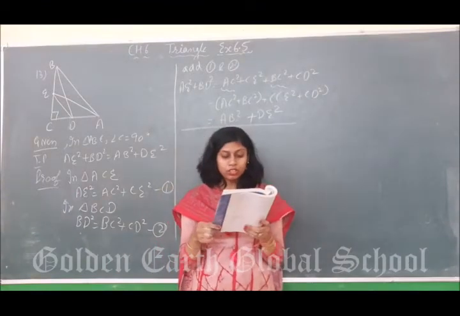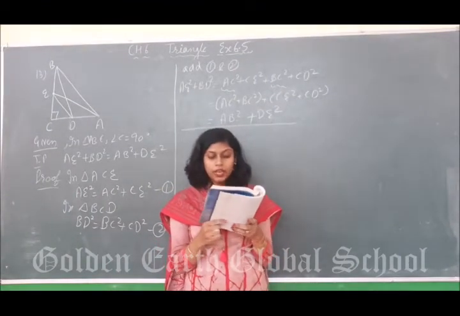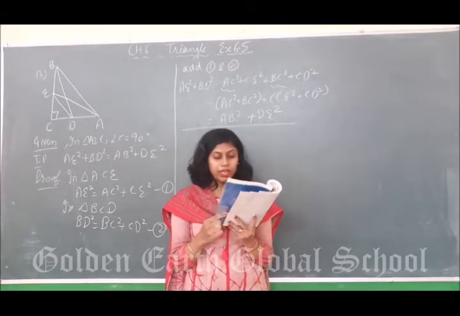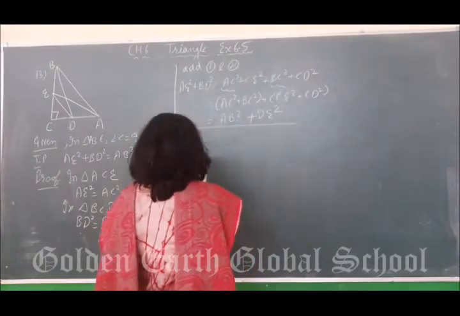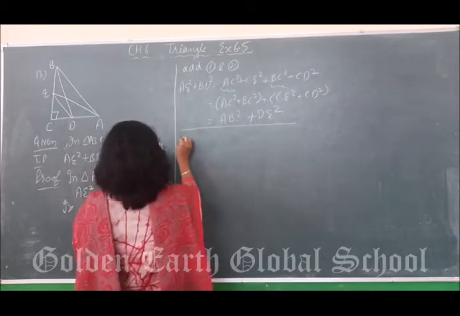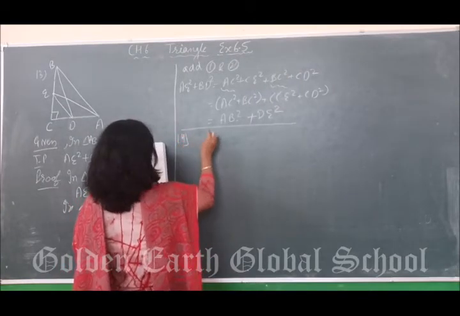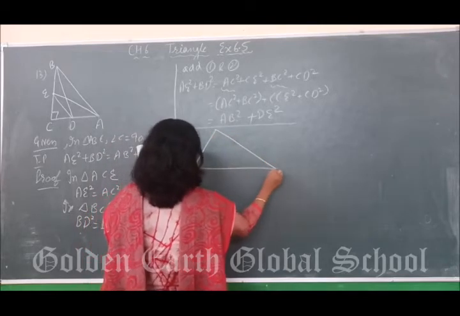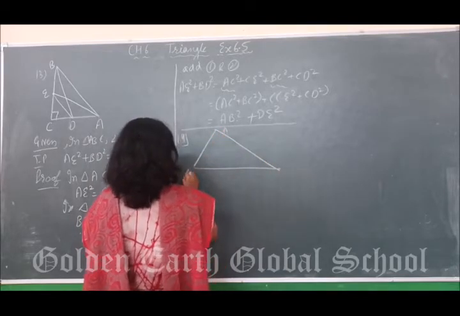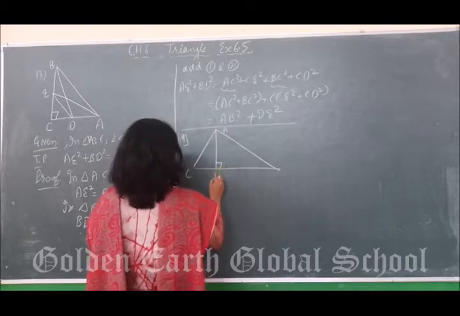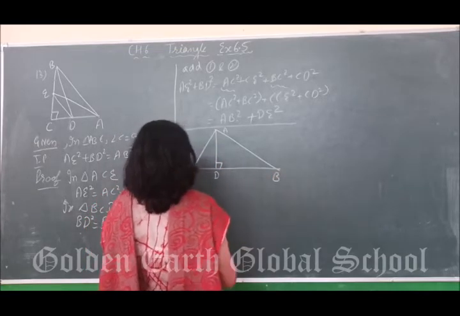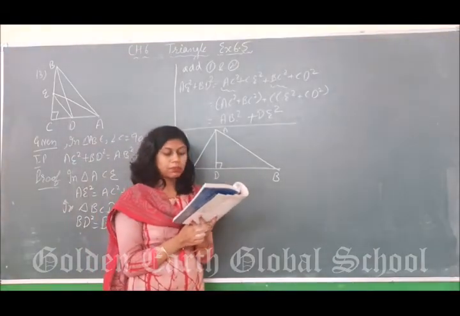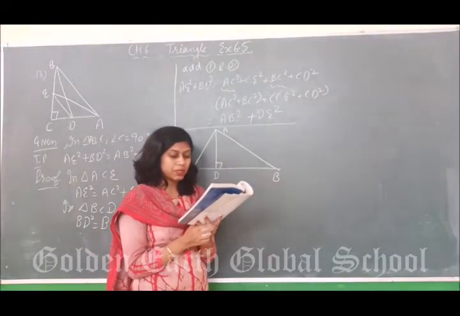Okay. Next, 14th question. The figure is already given to you. Draw the figure in your notebooks. The perpendicular from A on the side BC of the triangle. This is the perpendicular D. This is B. So we have to prove 2AB square is equals to 2AC square plus BC square.